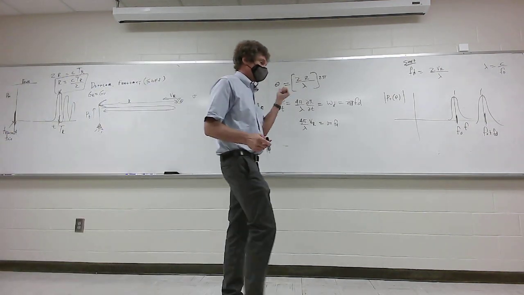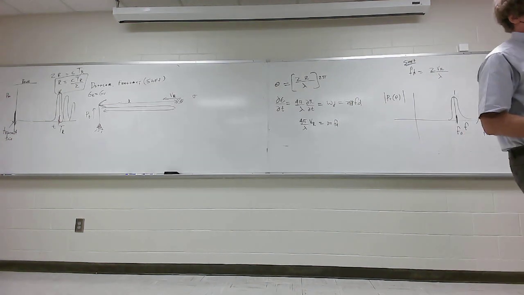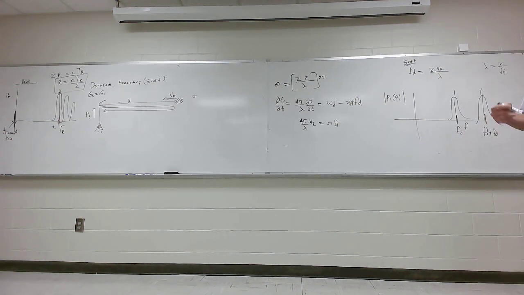Okay, so now we've covered range to target, power density received from a target, and Doppler shift with radars. I can tell you there are two other things that are usually talked about that aren't in his book. One is the maximum unambiguous range.